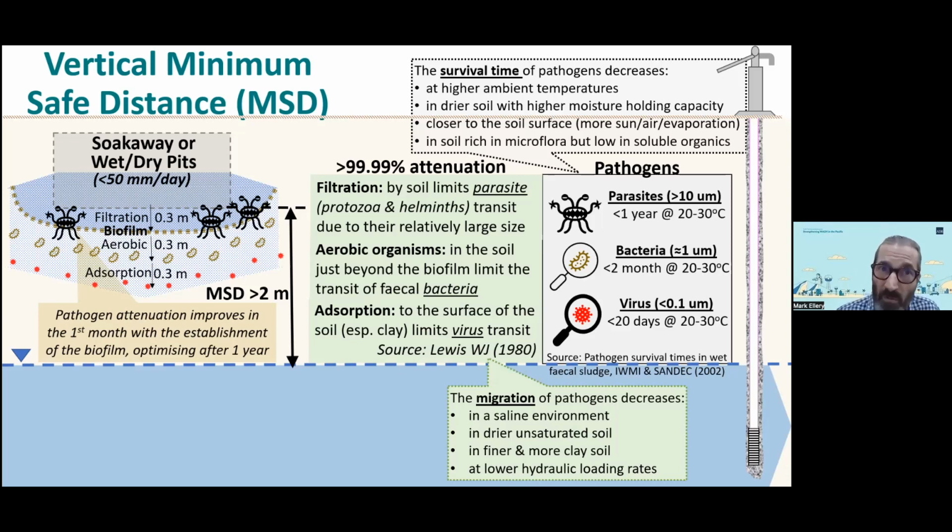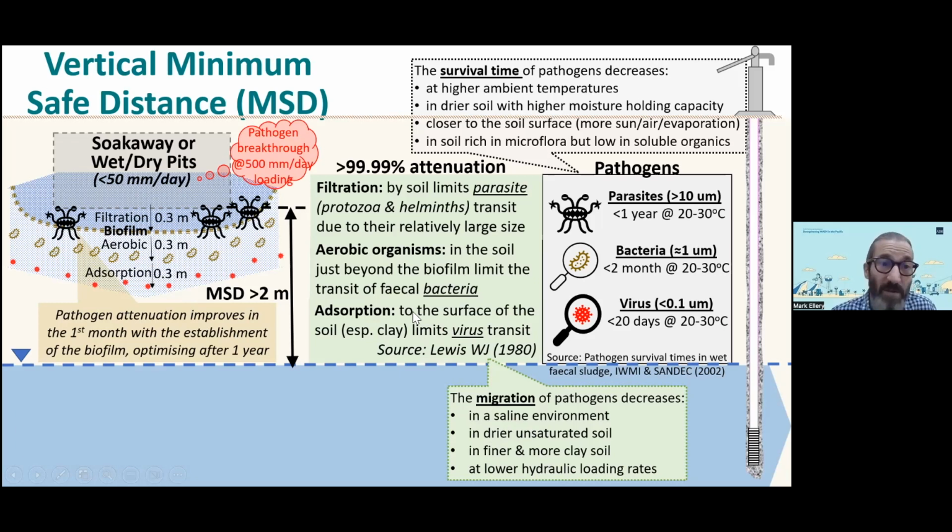Similarly, the likelihood of pathogens moving decreases in conditions that we might typically find in the Pacific: a saline environment, drier, unsaturated soil, finer soil, and the final point is at lower hydraulic loading rates. So not overloading the pits is conducive to the non-migration of pathogens.